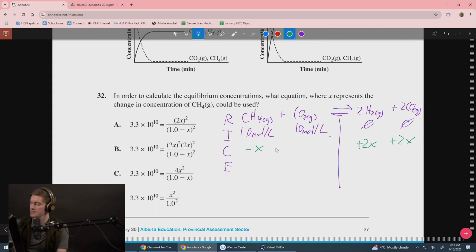So we're going to say minus x is our change in concentration for our methane and our carbon dioxide, and plus 2x is our change in concentration for our hydrogen gas and our carbon monoxide gas, which means at equilibrium, the concentration of our methane is going to be 1 minus x, and of our carbon dioxide is also 1 minus x. And the concentration for our hydrogen gas is just going to be 2x because there was nothing to start, and for our carbon monoxide gas will be 2x because there was nothing to start.